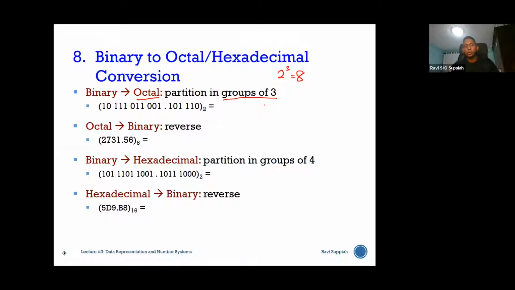So all I need to do is to look at the binary bit pattern that I have and interpret them in groups of 3. And each group of 3 will then translate to a particular octal representation. So 001 is 1, 011 is 3, this is 7, this is 5, 6, and this is 2.